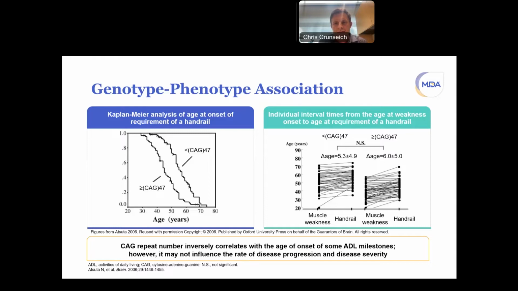And what you could see is that that amount of time doesn't change for patients who have CAG repeat lengths of less than 47 compared to those who have repeat lengths of greater than or equal to 47. So just to recap, a larger CAG repeat means an earlier age of onset on average, but doesn't necessarily affect the speed at which the disease progresses. Okay, next slide.